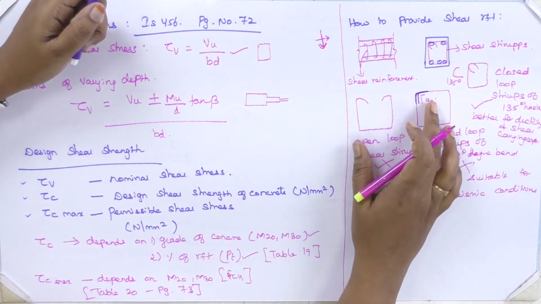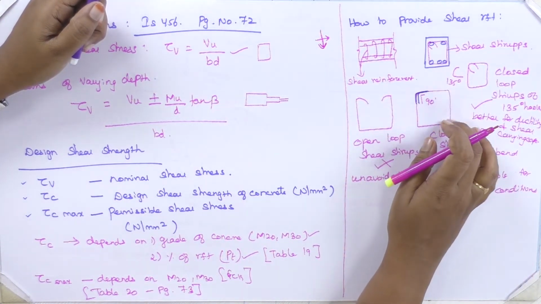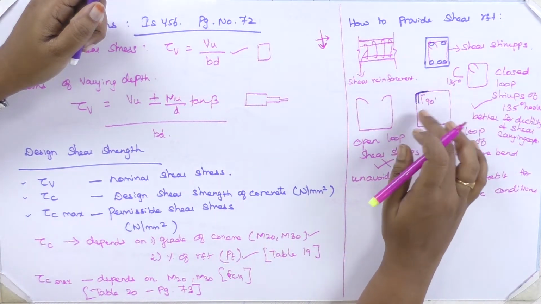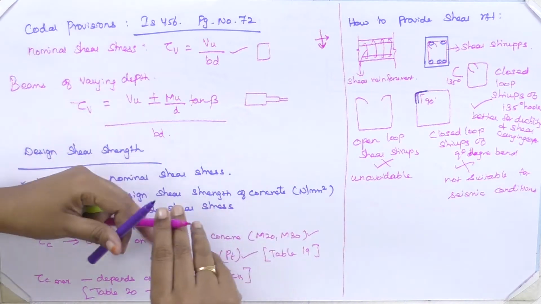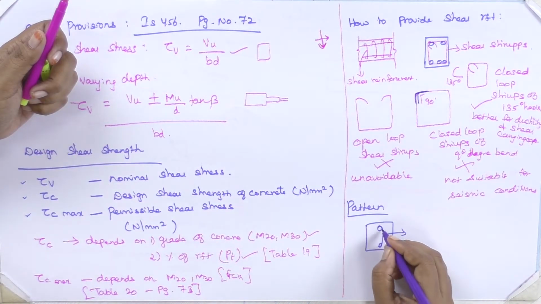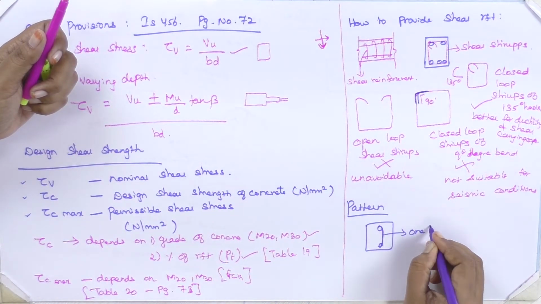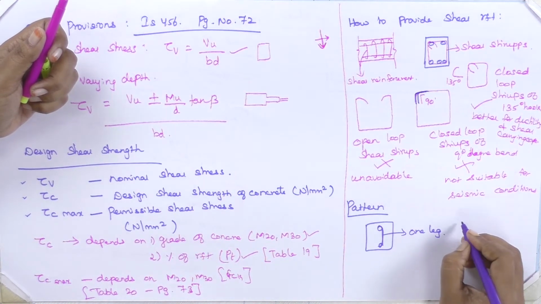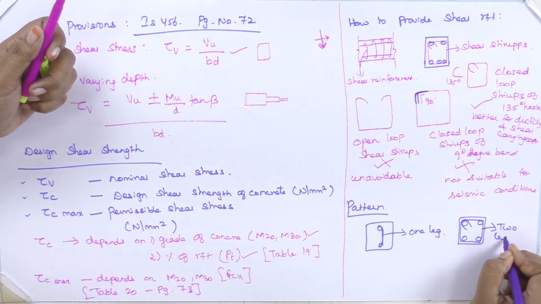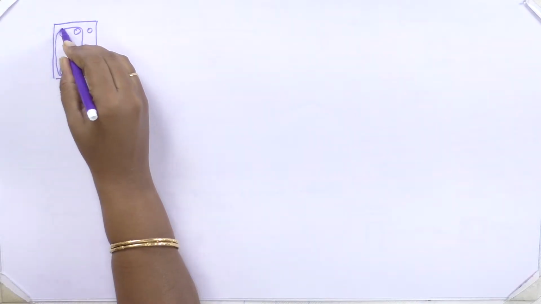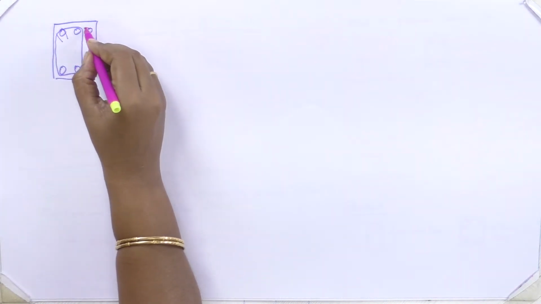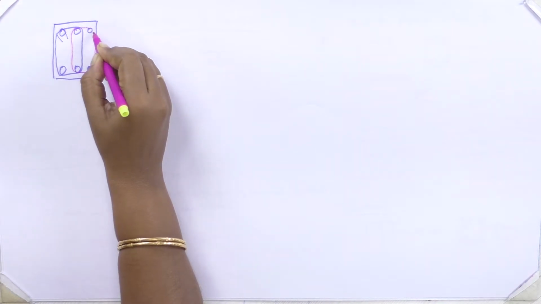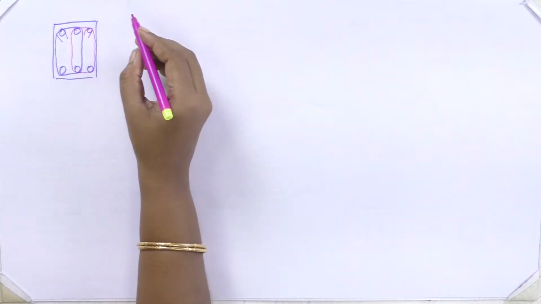Okay. Why can't we have only this type of shear stirrups? We have another pattern also. This is one-legged. This is called a leg. One leg, two leg. I can put one shear stirrup like this and another shear stirrup like this.